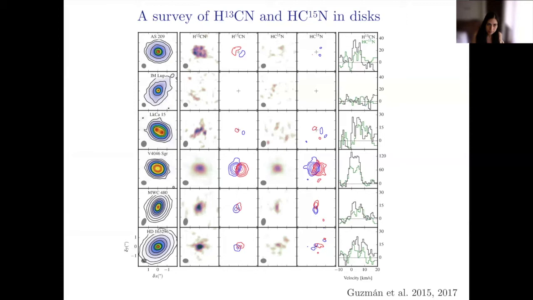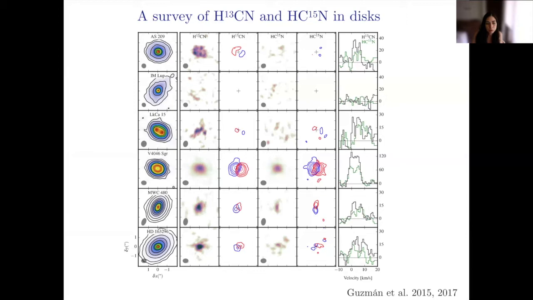For example, they include T Tauri versus Herbig Ae stars, as well as full and transition disks. We detected HC15N in all of them, except in one disk, IM Lup. This is a very cold and massive disk, and it's also very faint in HCN, so it was expected that we wouldn't see HC15N.